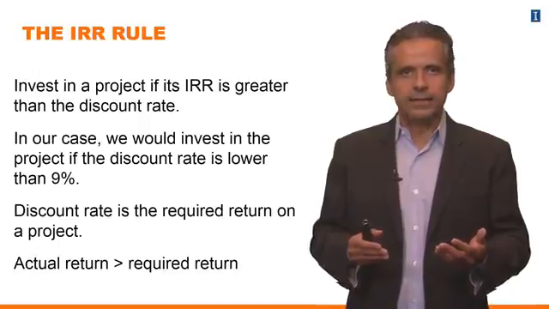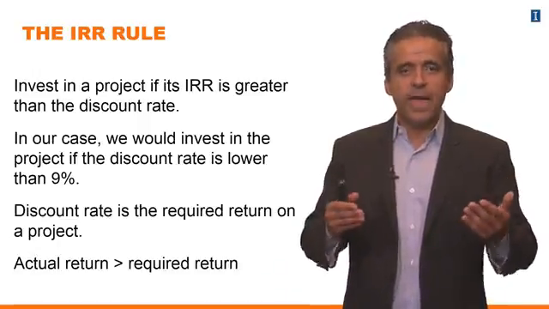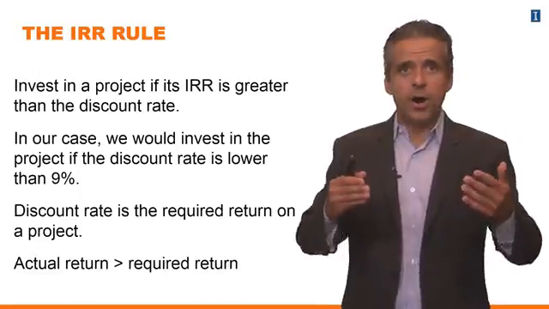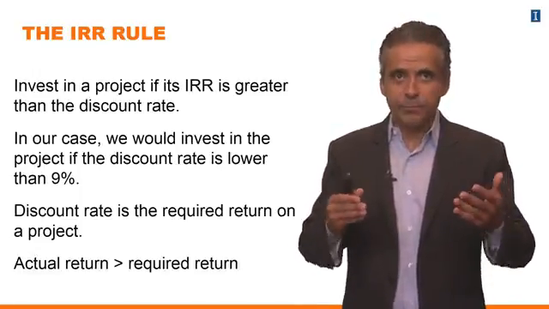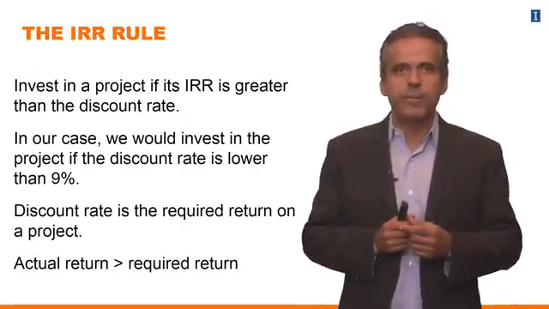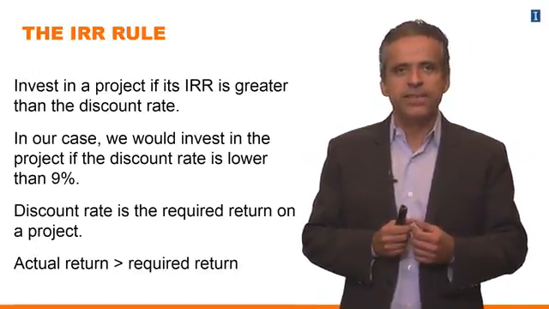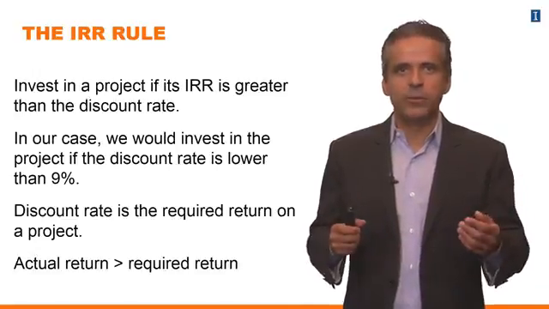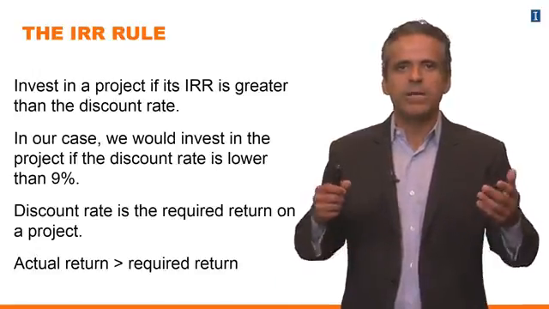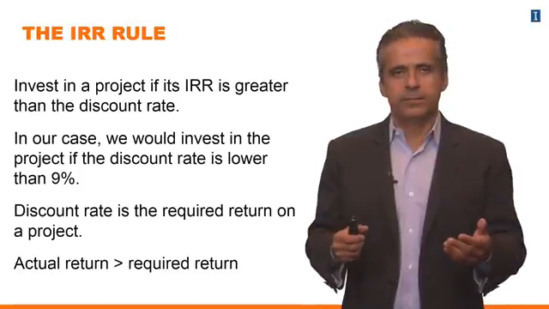And so now, to make a decision using IRR, we are also going to need a discount rate. An idea that is very intuitive, it should make sense to you, is that in our case, we would invest in the project if the discount rate turns out to be lower than 9%.